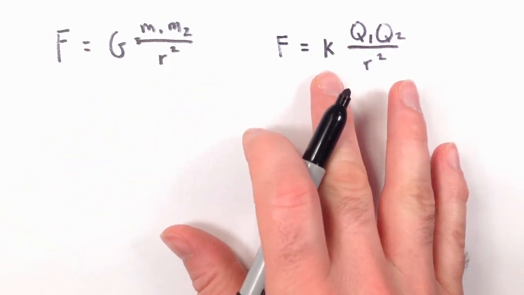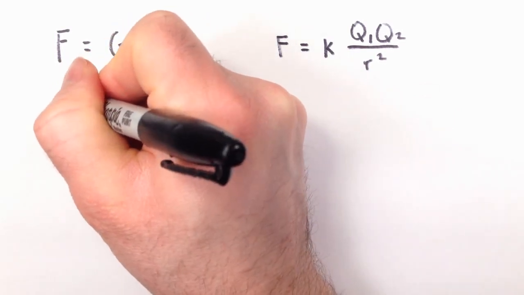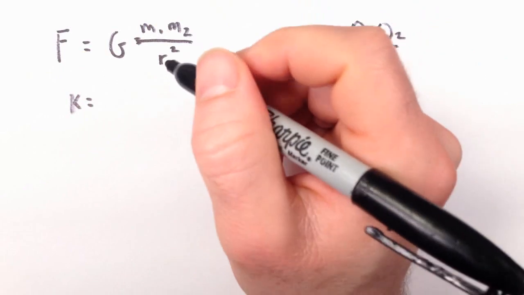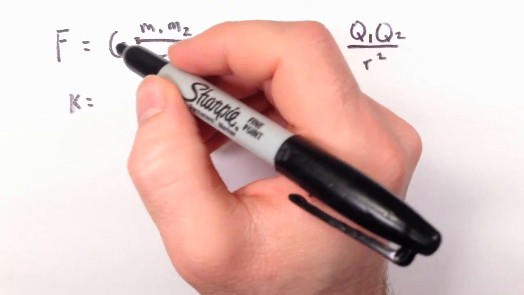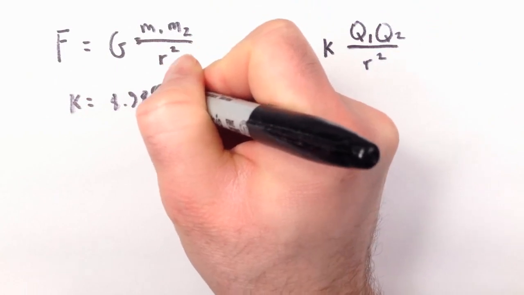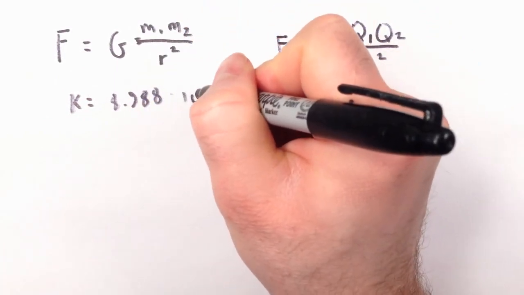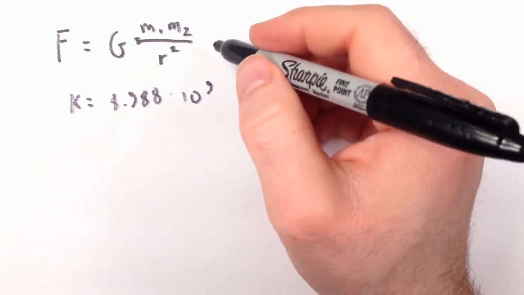What is the value of that constant, that k? So that k is equal to 8.988 times 10 to the 9th.